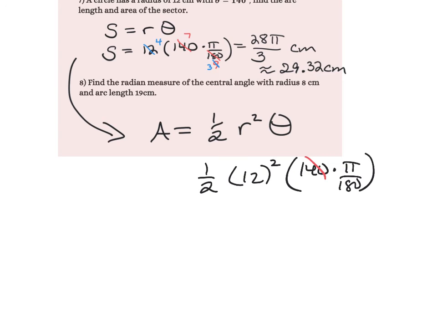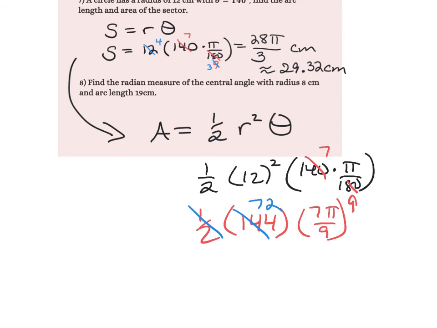I'm going to simplify. I'm going to square that 12. And now this will simplify to 7 pi over 9. I'm going to reduce, make that a 72. Can reduce one more time, make this an 8.